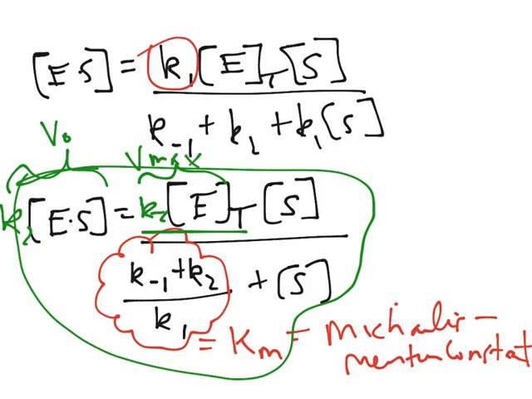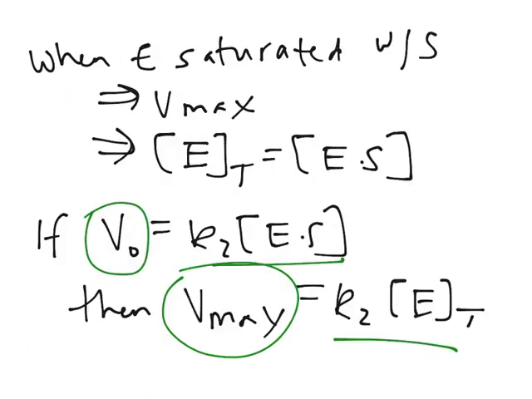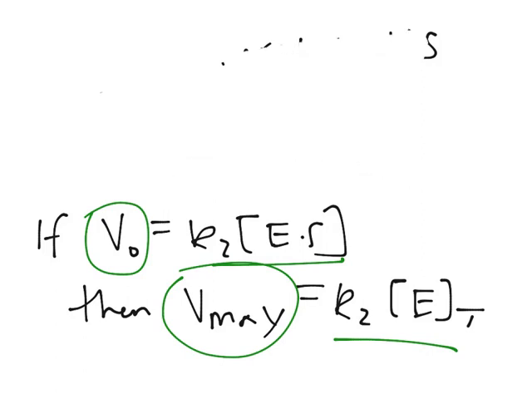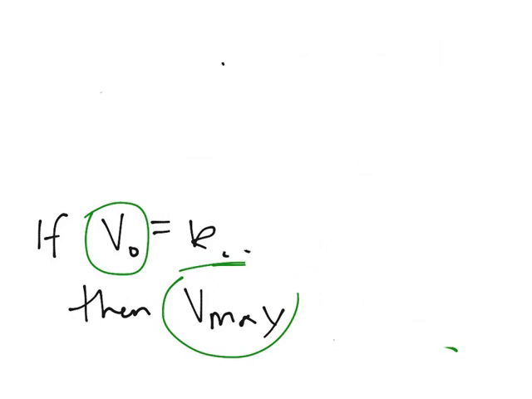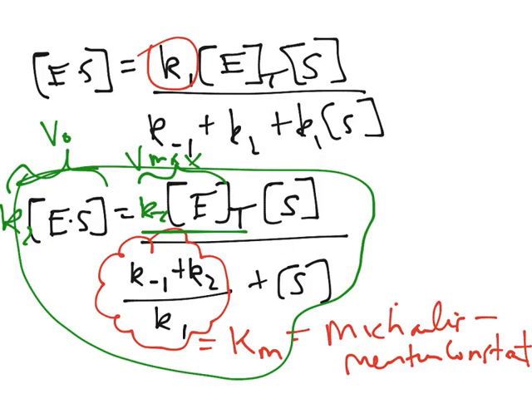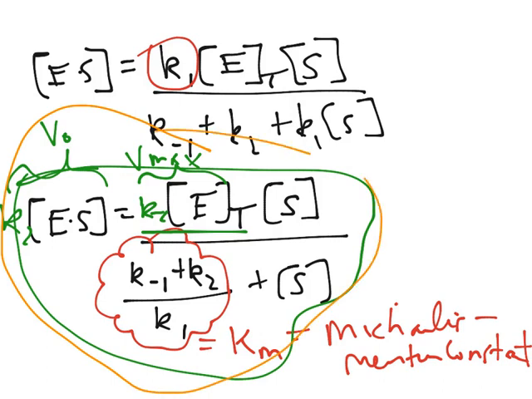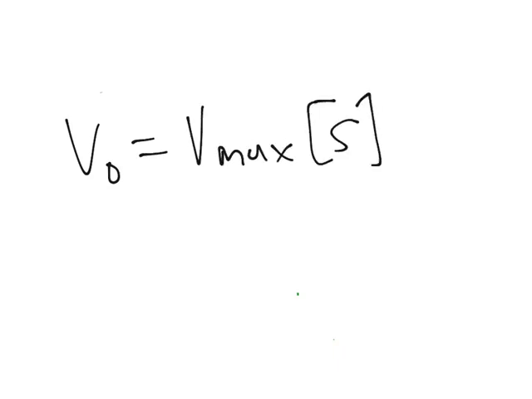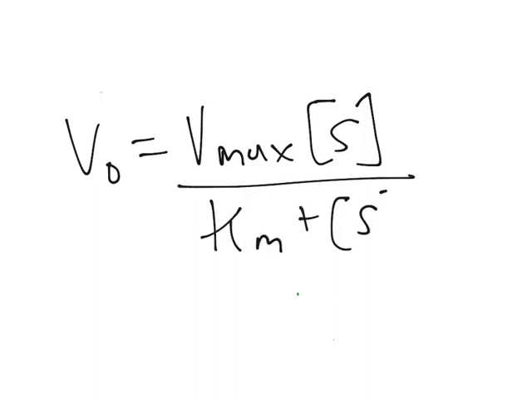So now I can simplify my equation again. I'm going to erase this stuff so that you can see it. Based on the substitutions I just made, my Michaelis Menten equation becomes V0 is equal to Vmax times the concentration of substrate, all over the Michaelis Menten constant plus the concentration of substrate.